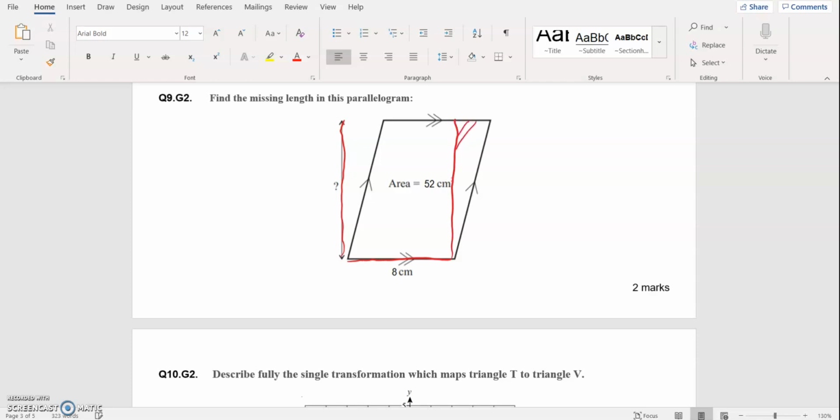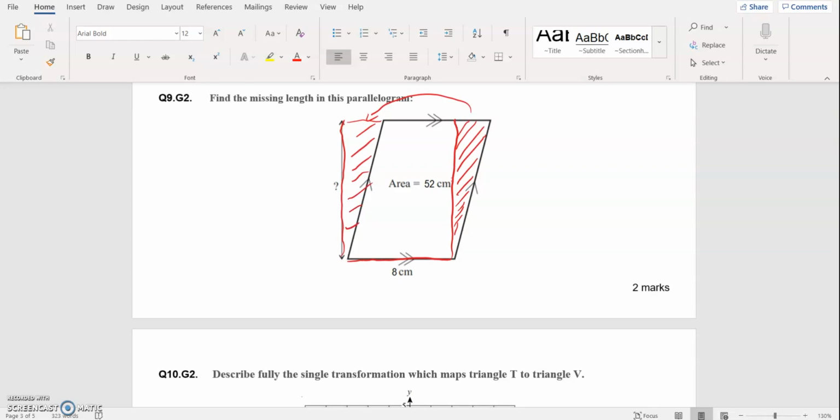So this part of the shape would be able to fit in here, creating a rectangle. So we can treat this as a rectangle.